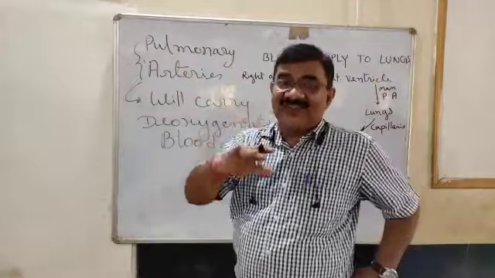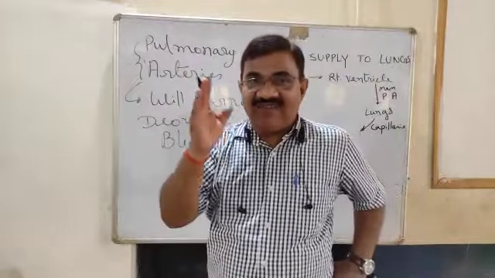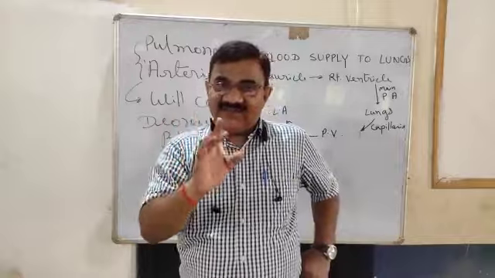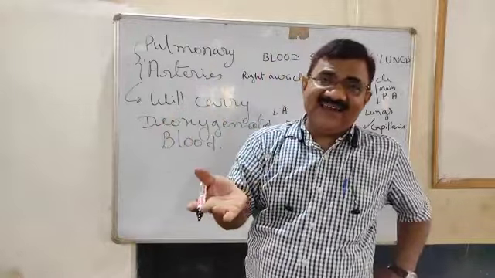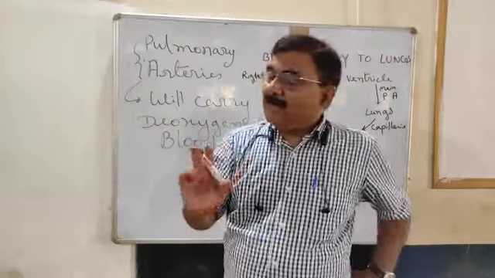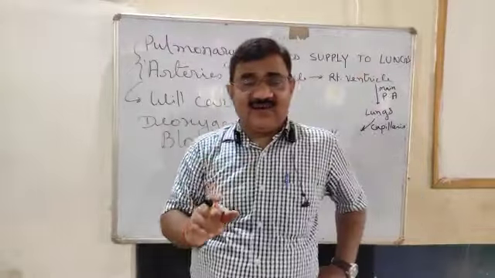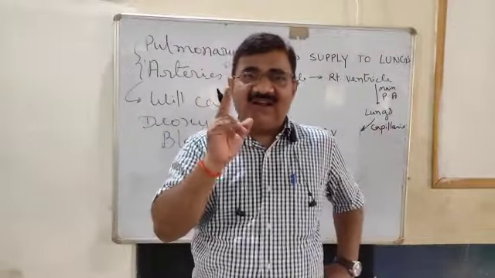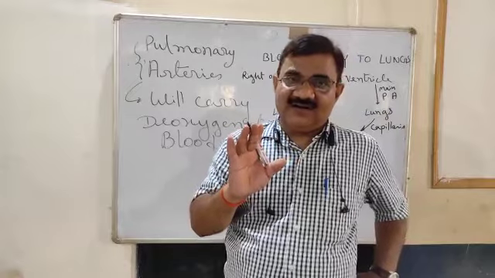Just opposite to it, the pulmonary vein will carry oxygenated blood. Generally veins carry deoxygenated blood, but the pulmonary vein carries oxygenated blood.